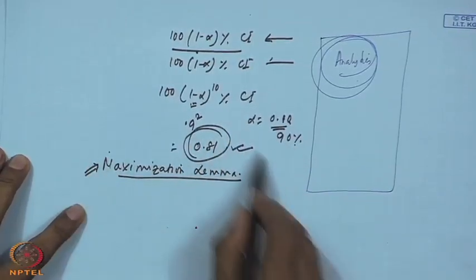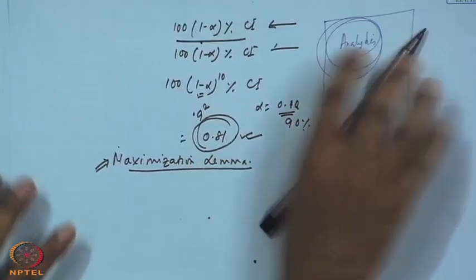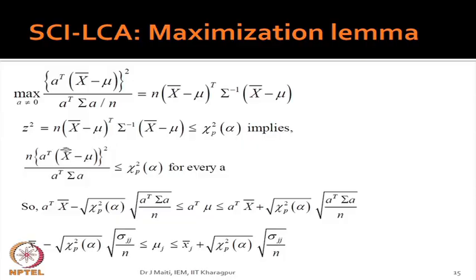You require some modification, and that modification is given by the maximization lemma: z square, n times x bar minus mu transpose, and this quantity follows a chi-square distribution.